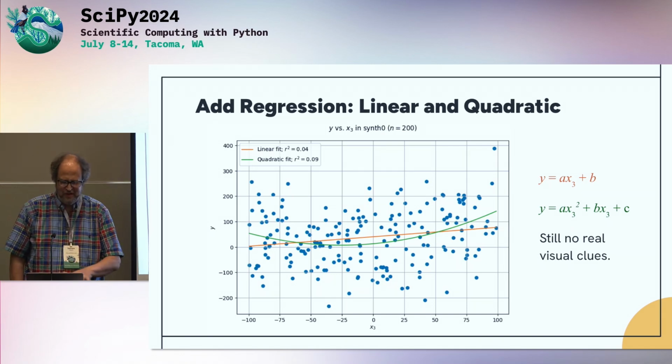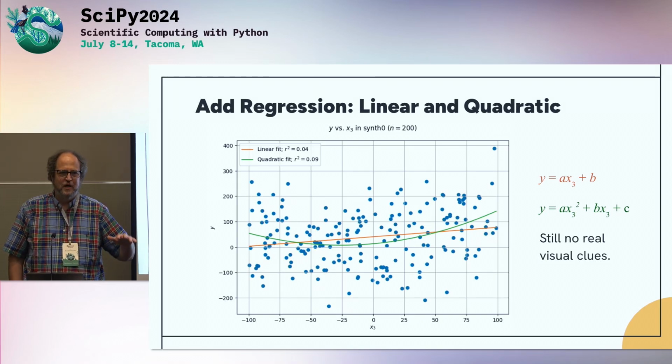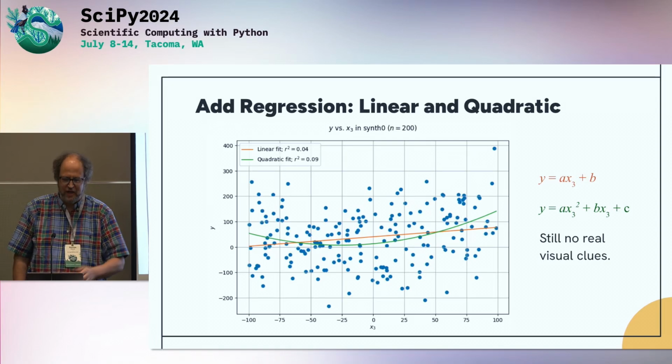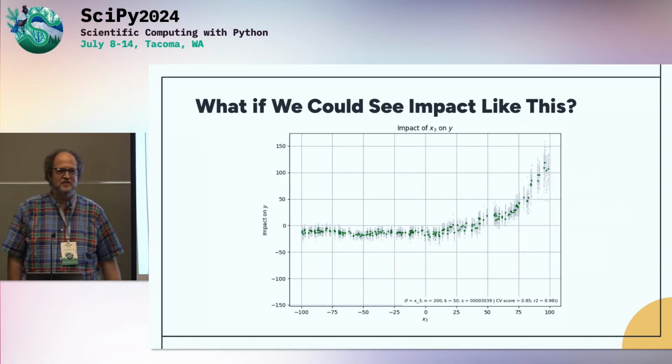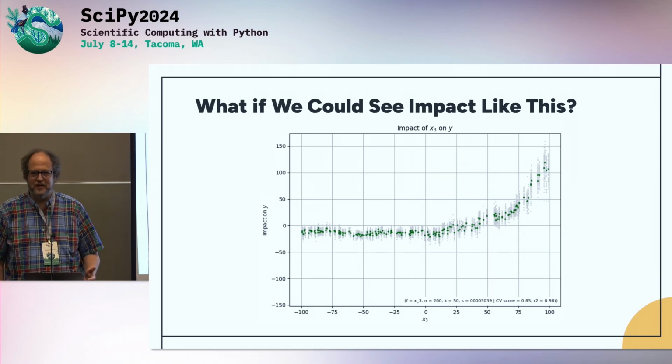But there's really no clue, and I certainly don't visually see what's going on. Does x3 have any impact? Maybe it has an impact, but other things impact it more. There's so much noise in the data, in how I gathered it, that it's overwhelmed. So what if instead we could see something that looked like this?